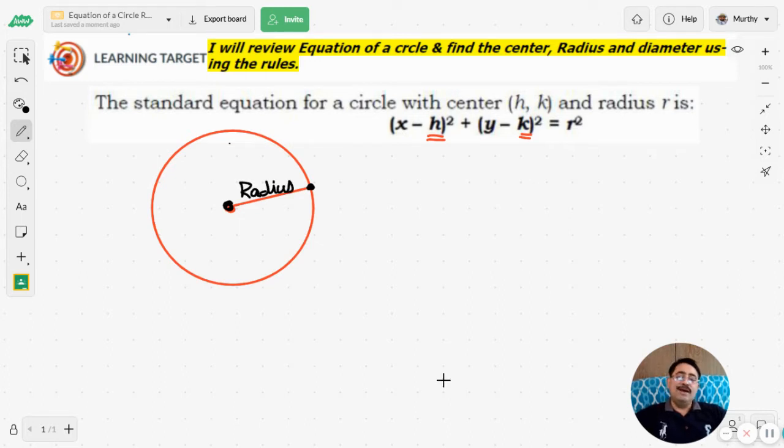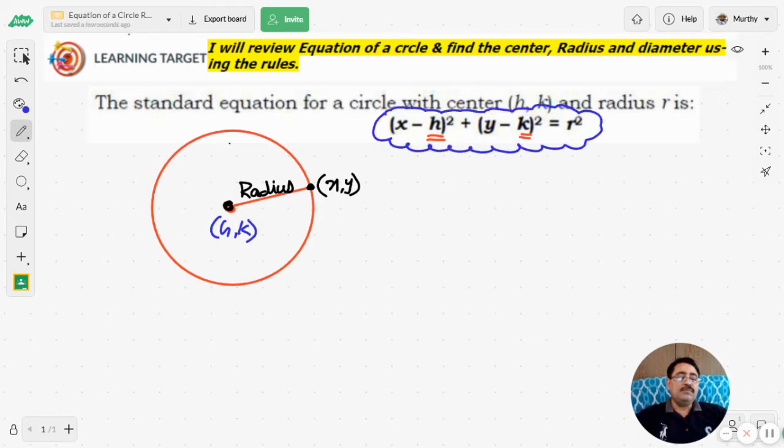Now assume that this is given on a coordinate plane like a graph. The point on the circle is x comma y and the center, please remember, is not the origin, say h and k, then we use this formula. So this is the standard form.